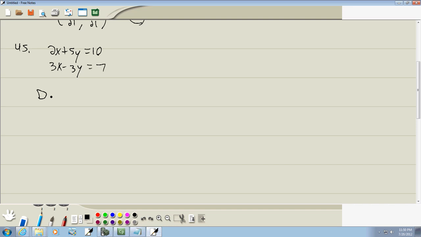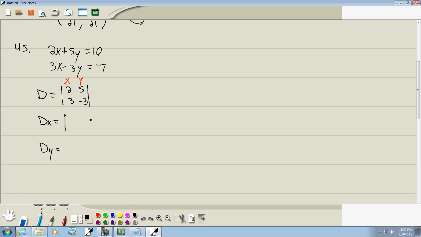Now we're going to have three determinants we're going to find: D, D sub x, and D sub y. Now D is just going to be the coefficient matrix, the numbers off of our variables. So I'll have 2, 5, 3, and negative 3. Now this is our x column, and this is our y column.